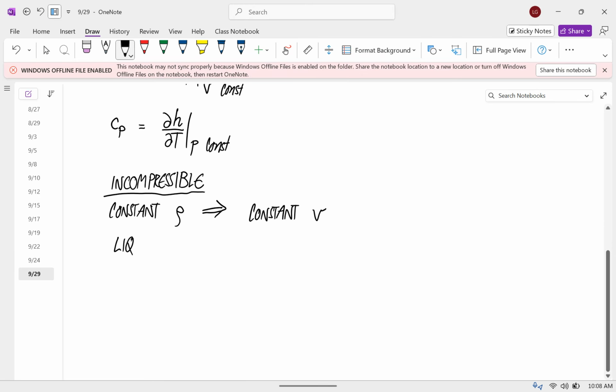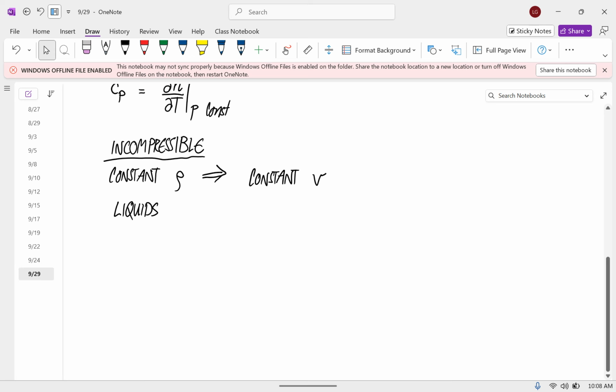And we're going to use this for liquids. And here are the things that we can use for incompressible materials. So first of all, because it's kind of part of the definition of incompressible materials, we can say that the specific volume is constant. Second, this is a super important one. The specific internal energy for an incompressible material is only a function of the temperature.